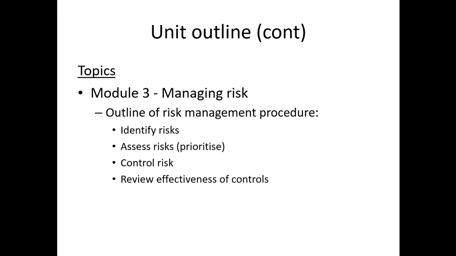This is a big takeaway point from this unit, is that we can put in place controls to either eliminate the possibility of harm or eliminate or minimise it as far as reasonably practicable.